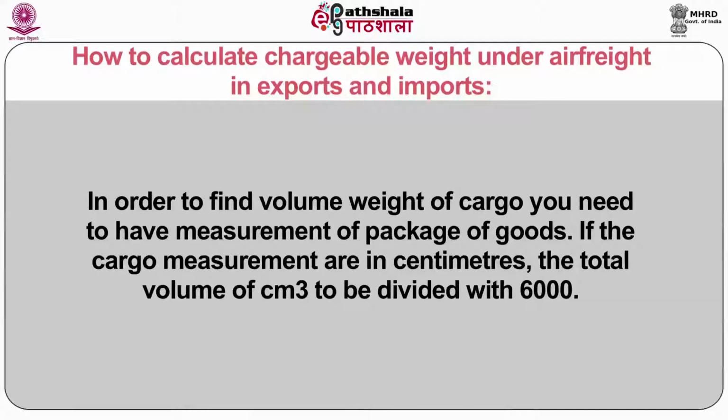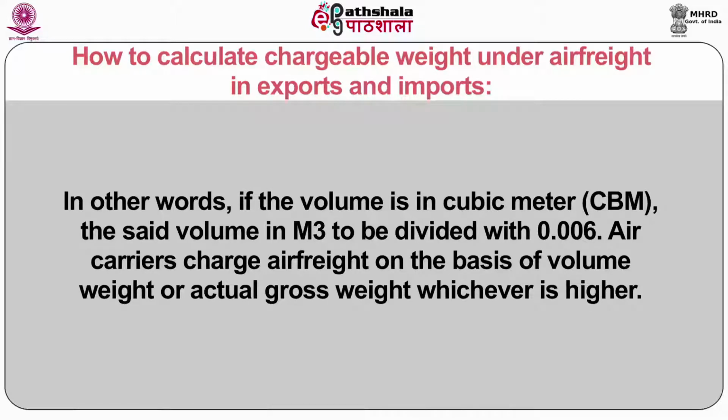Calculation of chargeable weight in air freight. In order to find volume weight of cargo, you need to have the measurement of the package of goods. If the cargo measurements are in centimeters, the total volume in cubic centimeters is to be divided by 6000. In other words, if the volume is in cubic meters (cbm), the said volume in cubic meters is to be divided by 0.006. Air carriers charge air freight on the basis of volume weight or actual gross weight, whichever is higher.